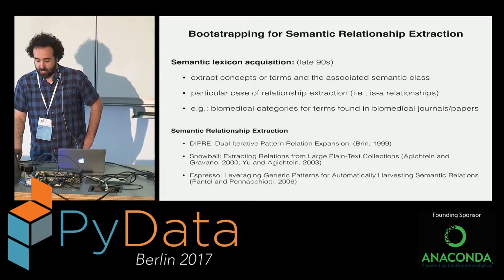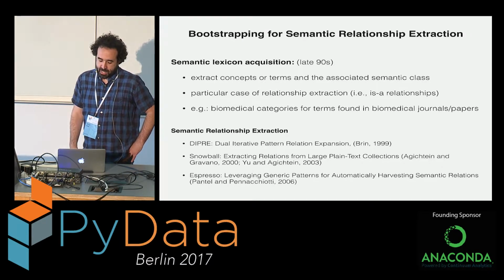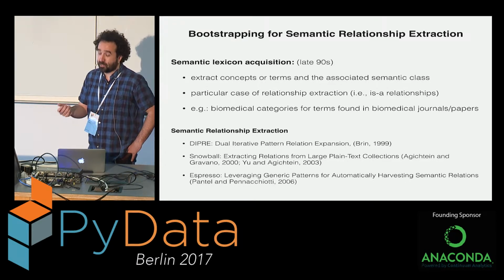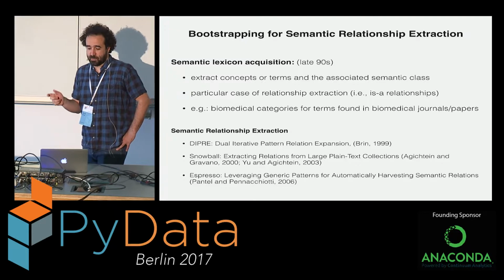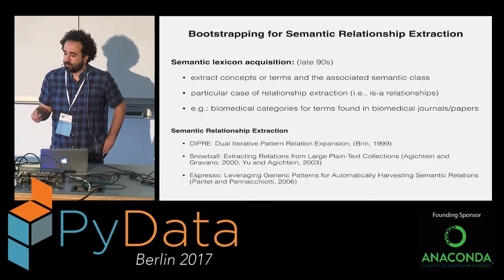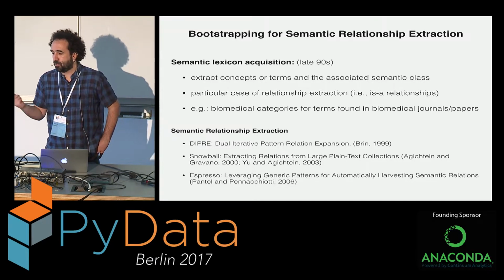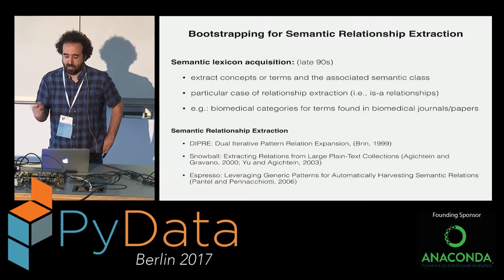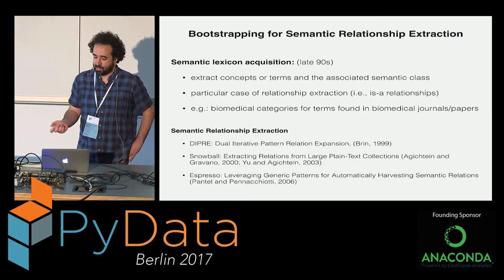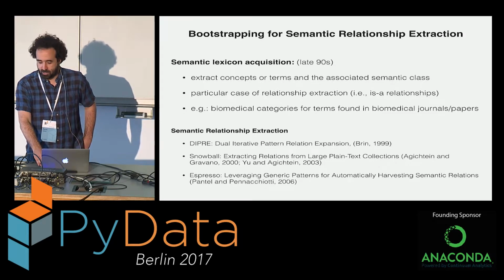The second one was Snowball, published in the early 2000s, and it would extract any kind of relationships based on TF-IDF weighted vector similarities. And then there was another one which is also very popular, published in 2006, also for general relationship extraction, and it was based on point-wise mutual information. But now I will focus on Snowball, which was the one that I tried to improve.